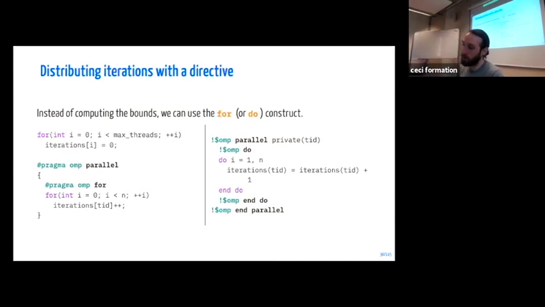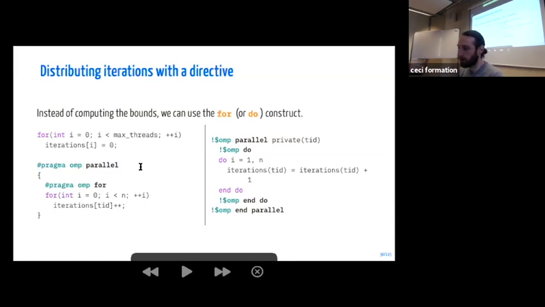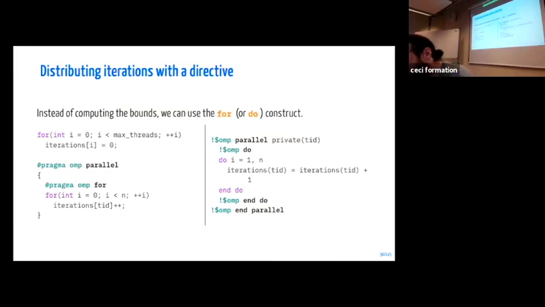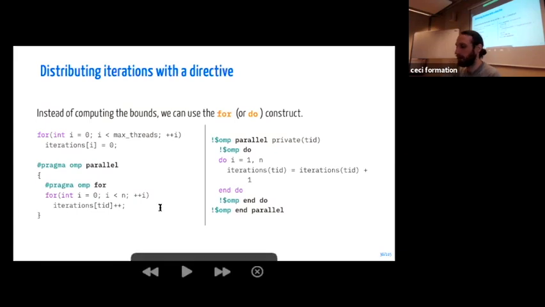First you create a parallel region, so you spawn your threads, and then you take your loop and you say to the compiler, hey, this loop can be run in parallel, please divide the work amongst the threads. To do that, you define your directive, pragma omp for, and you use the do directive in the case of Fortran. It tells the compiler that it can divide this loop and it can be run in parallel.